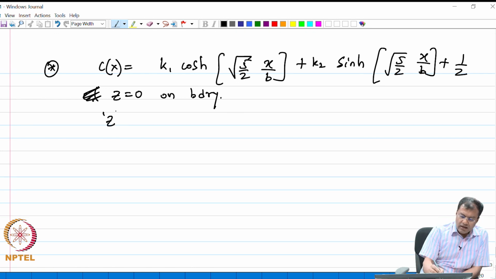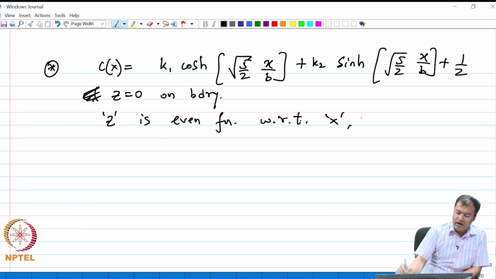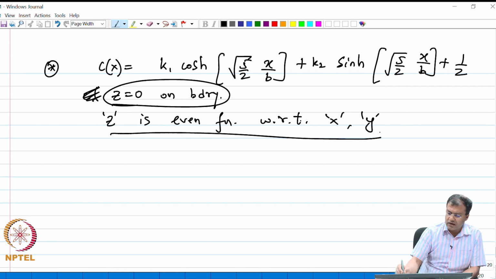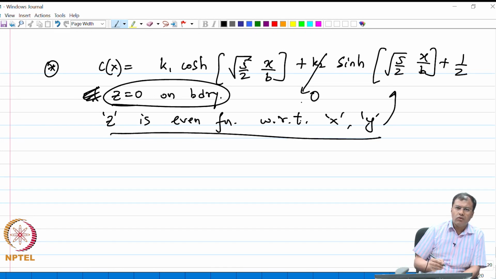So, z is an even function with respect to both x and y due to the presence of the boundary condition that we have, and also the type of the functional that we have, right. That is easy to check, right. And so, using this condition, we can completely eliminate K2, right.